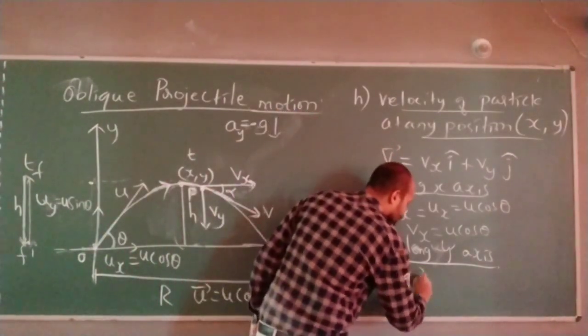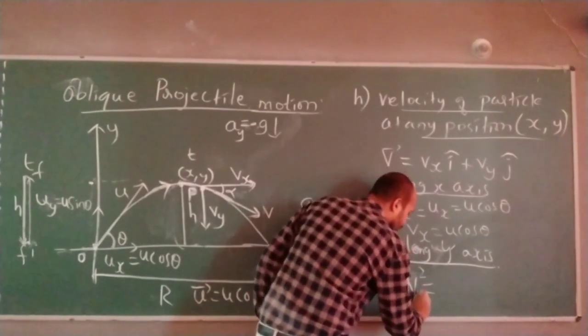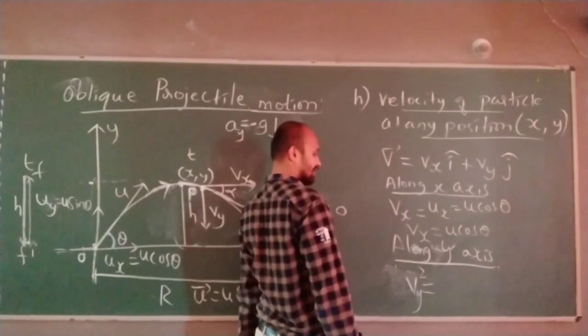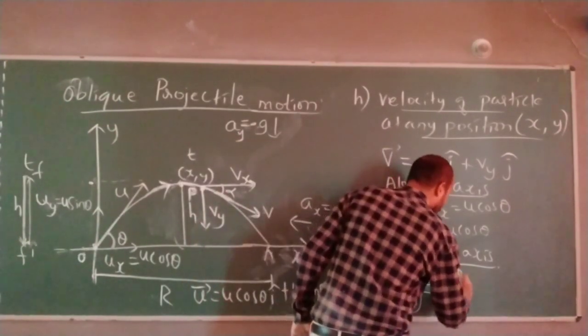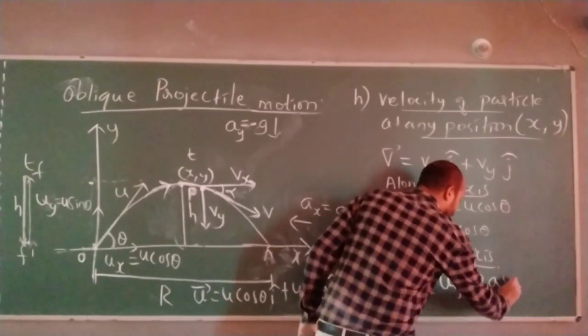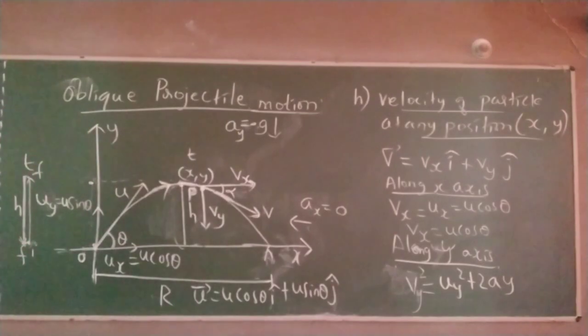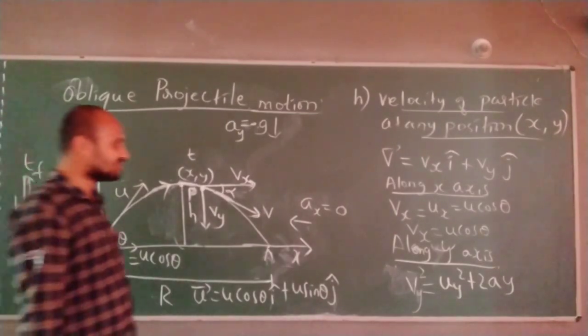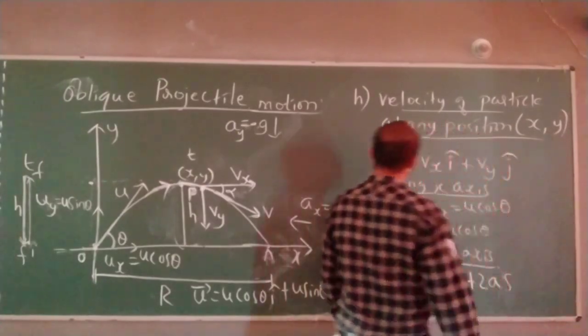Right now I will use the formula Vy square is equal to Uy square plus 2as. The general formula is plus 2as, and in this case it becomes 2as.